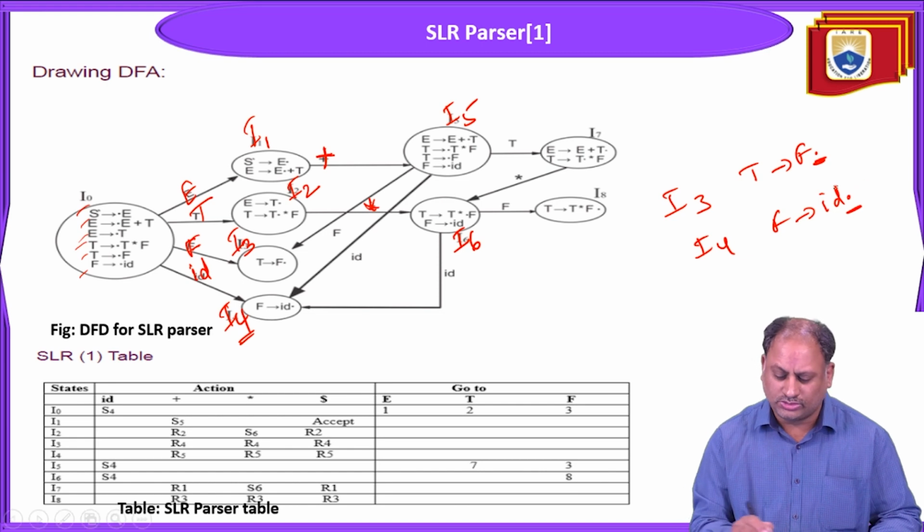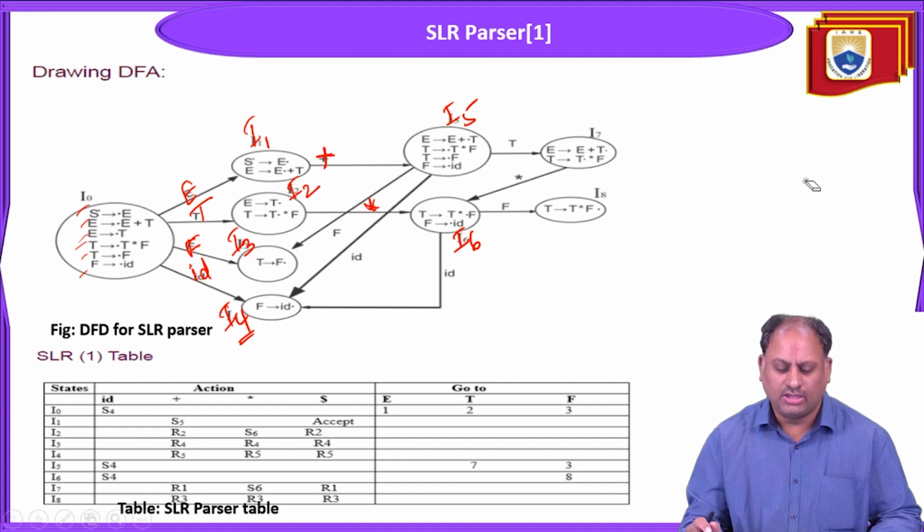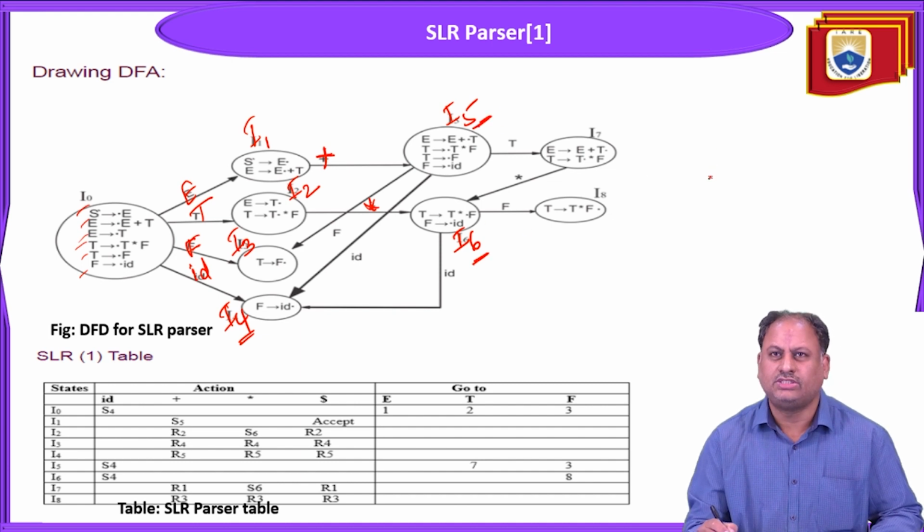So we can stop both I3 and I4. We have to consider the states which do not contain the dot at the end. I5 is not yet reached and I6 is still not reached, so we move the process further with I5 and I6.